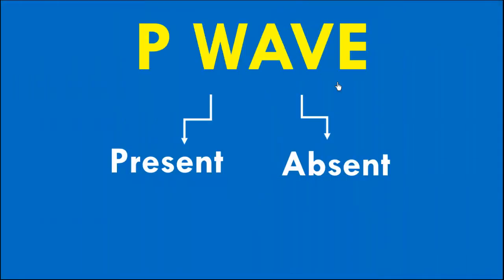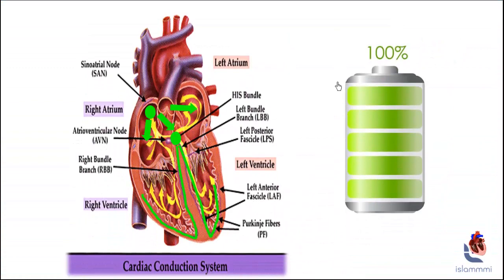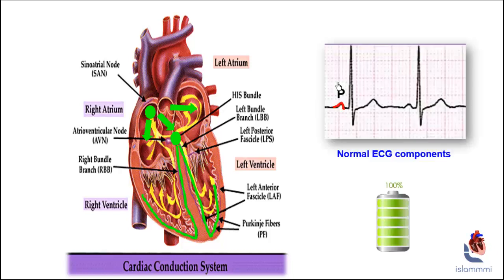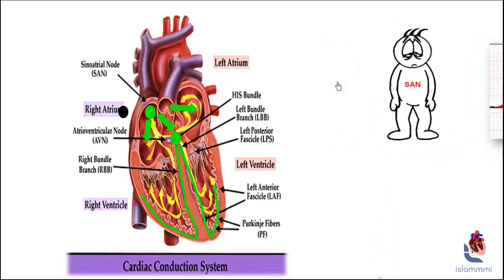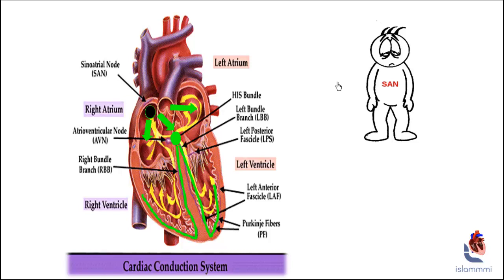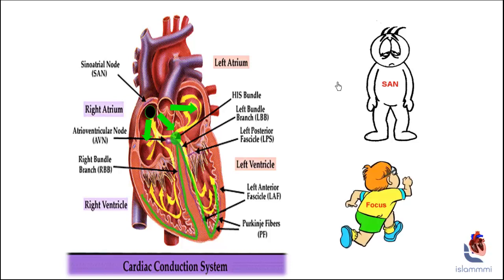What if the P wave is not shown, is absent? As we said before, the SA node is just like a battery. If you have a problem with the battery in your phone, it's not going to work. So either the SA node is now dead or diseased, or we have a stronger focus elsewhere, maybe in the AV node, maybe in the bundle.